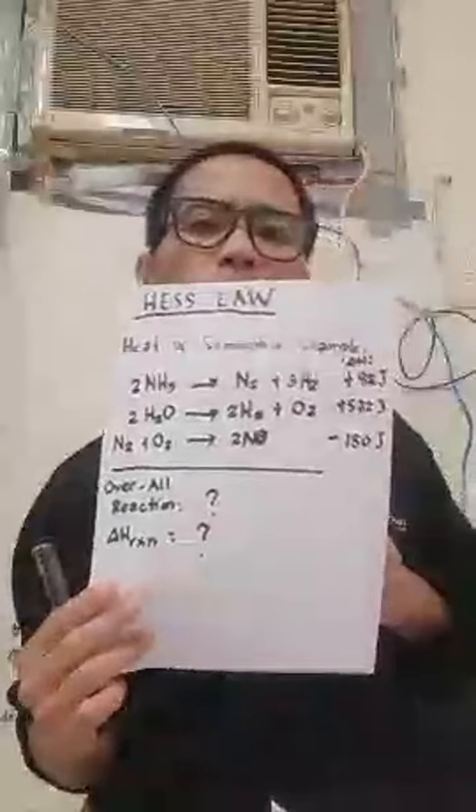Now, before touching this problem on chemical reactions, we need to find the overall enthalpy change of the reaction. So I need to show you a basic chemical reaction so that we can understand it a little bit.